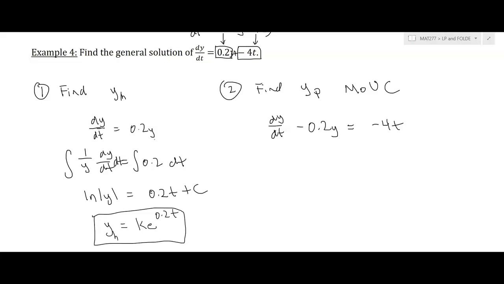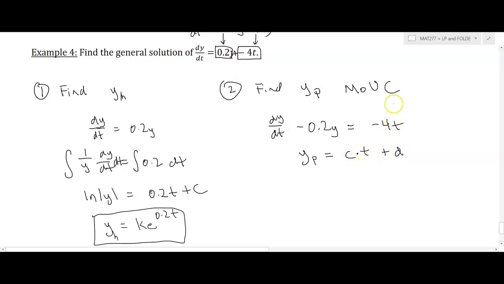So what I will do is I know that if I take the derivative of a linear function, if I call y sub p, if I say it's going to be some sort of linear function, a, maybe I don't want to use a here because I'm kind of using a of t up here. Let me write this as some constant c times t plus some other constant d.